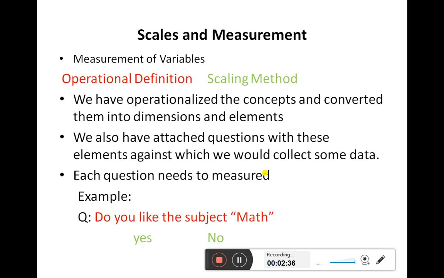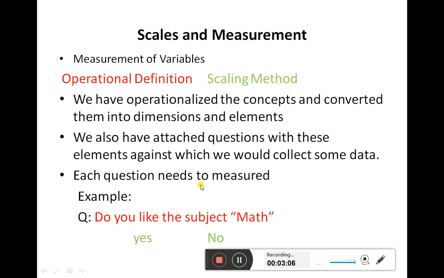Once, through operational definition, we have converted the variables into different dimensions and elements, upon each element or dimension we have developed different questions or statements. Now the questions with these elements, against which we would collect some data, each need to be measured.